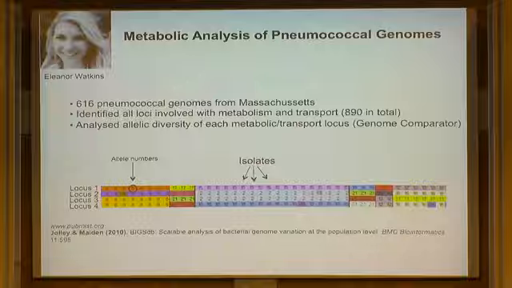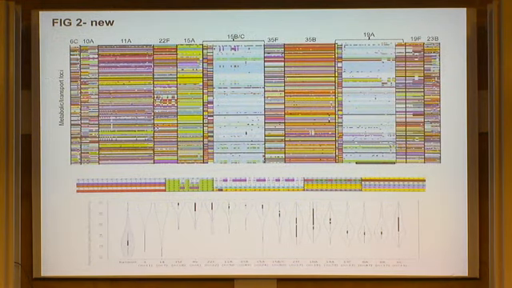So what I'm going to show you now is a very colourful diagram in which each line represents a locus and each colour represents an allele number at that locus, as per the genome comparator tool. And this is what she saw.